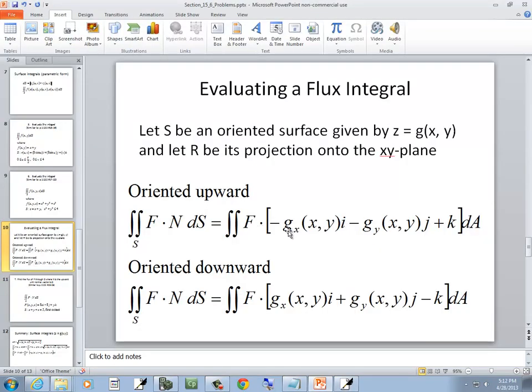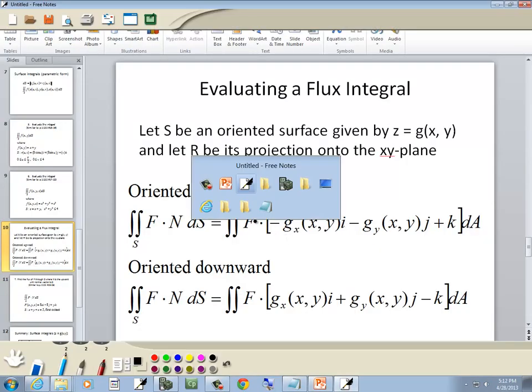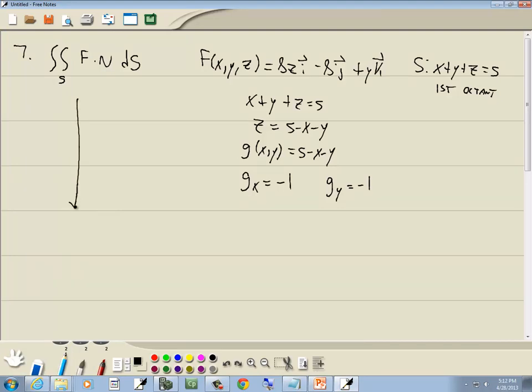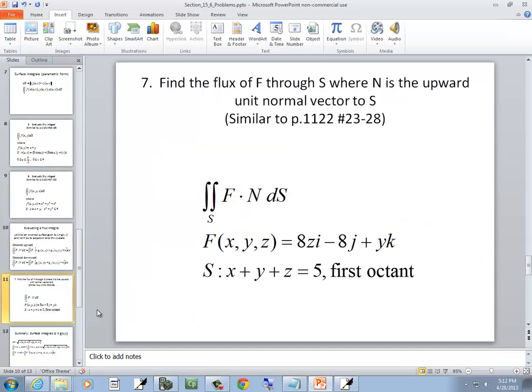Okay, and then this right here is going to equal, we'll come back to these, F, which is 8z i minus 8 j plus y k, dot product of that and the upward normal.